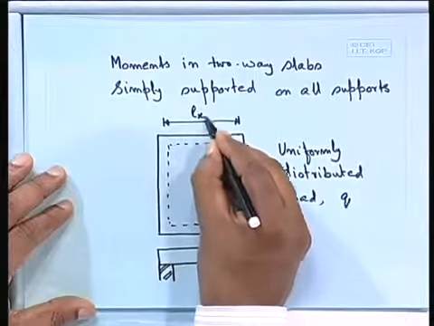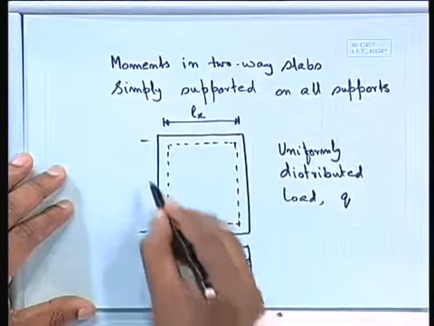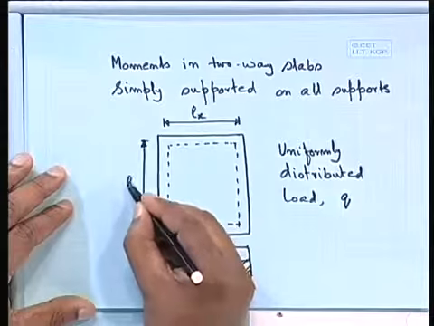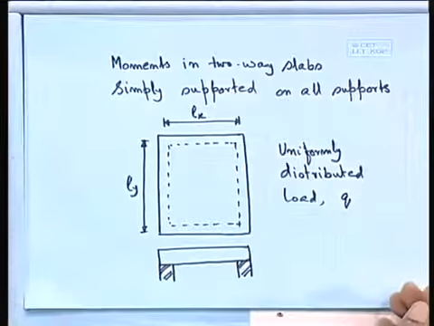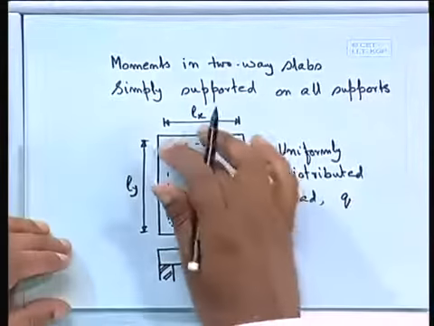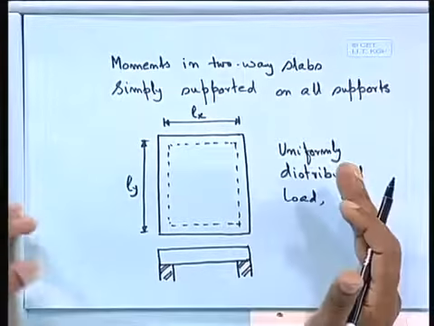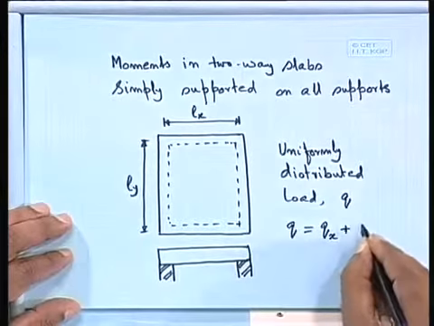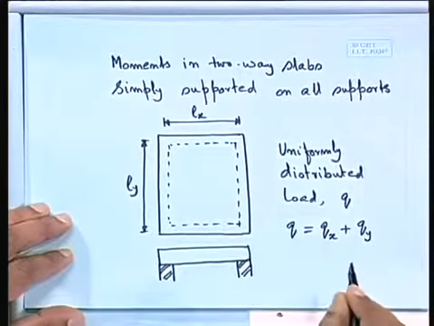This is Lx, and the other side we are having Ly. So, we can get that Lx and Ly, and then the total uniformly distributed load Q, which may be say 4 kN per square meter, and including the self weight also, that one we can take. So, when we have this one, we have to find out how much is Qx, and how much will be Qy.